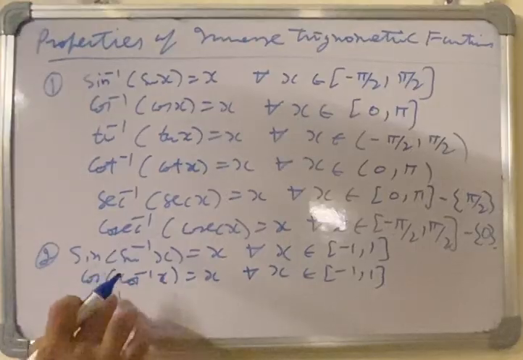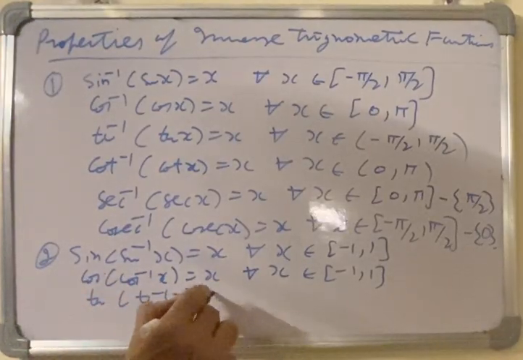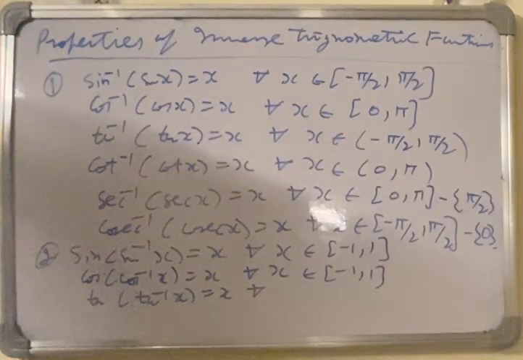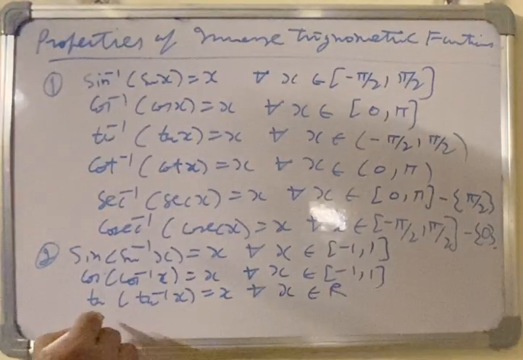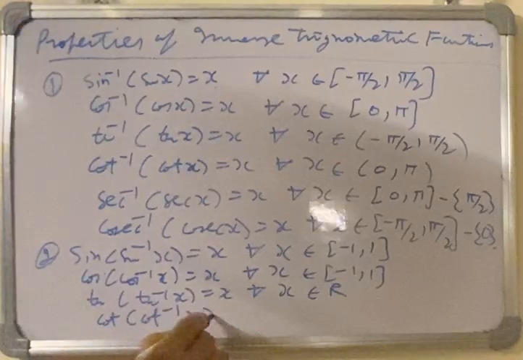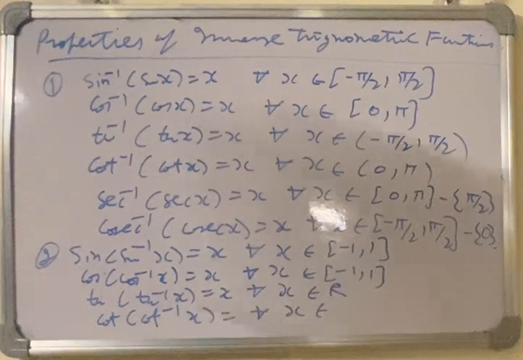Tan of tan inverse x is x for all x belonging to real numbers. Cot of cot inverse x is x for all x belonging to real numbers.